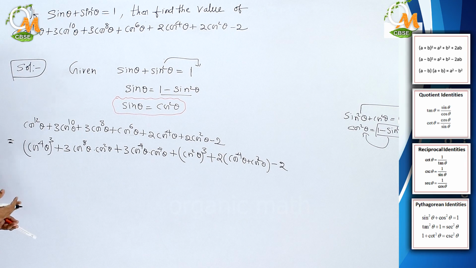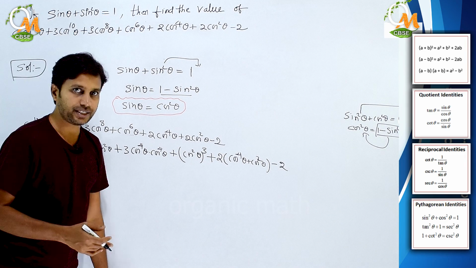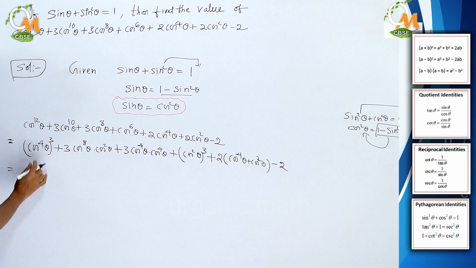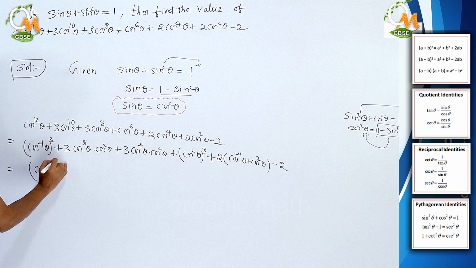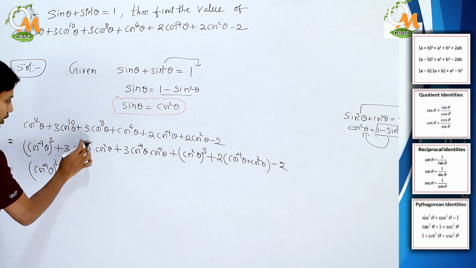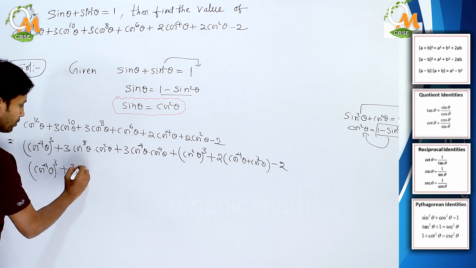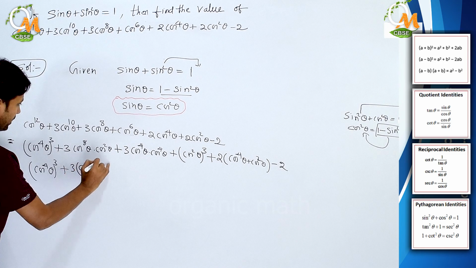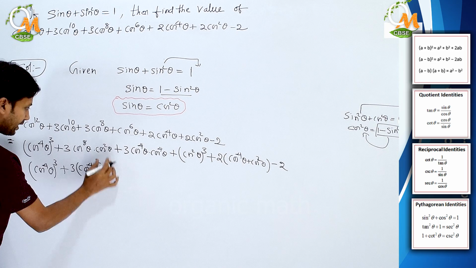Now let me do one more small rearrangement in these terms. Let me write this term as it is: (cos^4 θ) whole cube. Now this 3 into cos^8 θ I want to rewrite as 3 (cos^4 θ) whole square into cos² θ, which I write as it is.